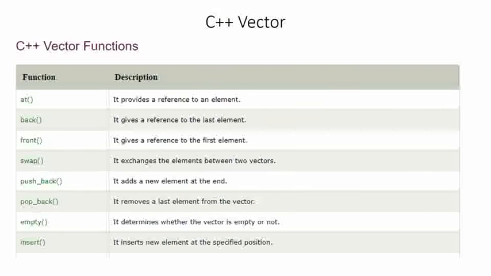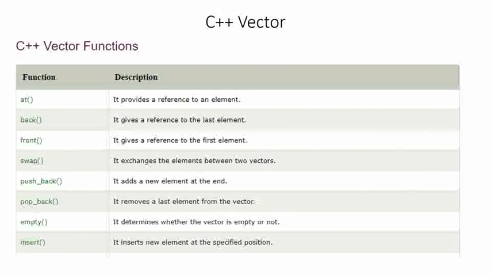Friends, next, there are 20 to 25 vector functions. Here I take some examples that I will put in front of you. For example, at is a function provided by vector. It provides the reference to an element.